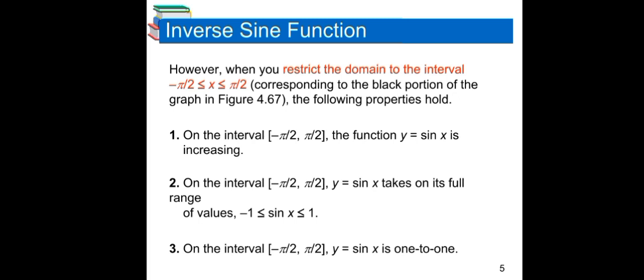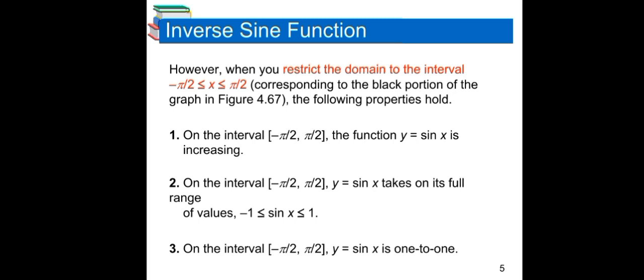Number 2, on the interval negative pi over 2 to pi over 2, y equals sine x takes on its full range of values, negative 1 less than or equal to sine x less than or equal to 1.